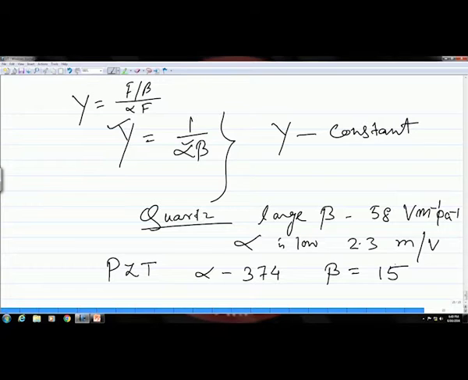Okay. So, it is still more than 10, and at the same time it has a very high value for the alpha. So, that is why this is a very good piezoelectric element for an ultrasonic transducer.